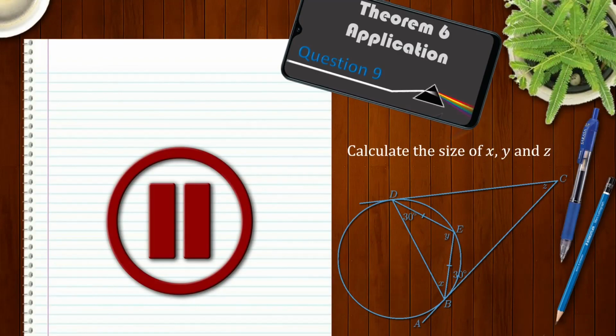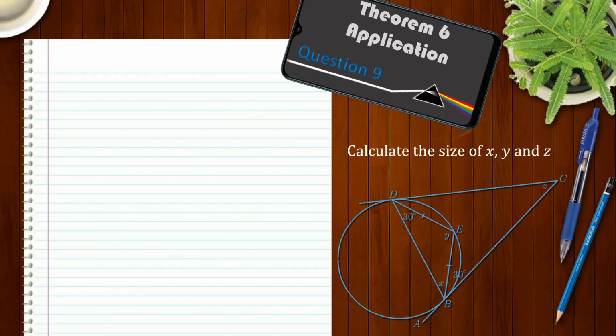Right, now for question 9, calculate the size of x, y, and z. So let's start with x. Now, x is in an isosceles triangle, so this is quite easy because these two angles are equal to each other. So we can simply start off by saying that x is equal to 30 degrees because of equal sides, equal angles. Right?